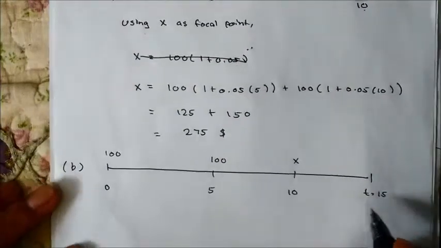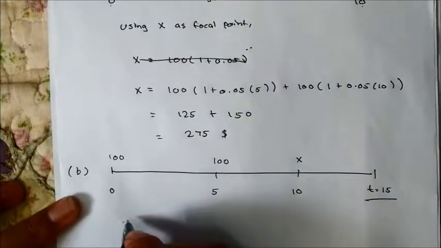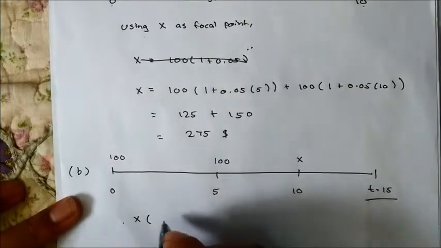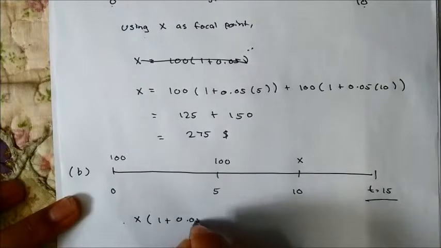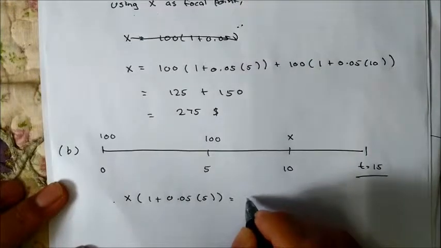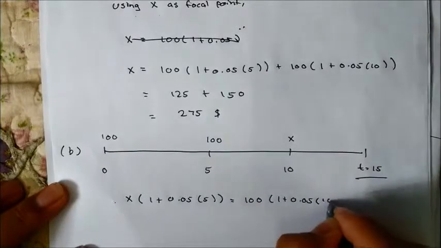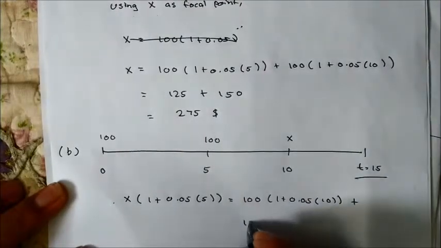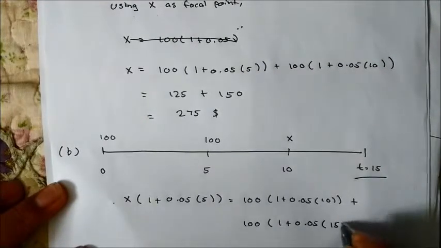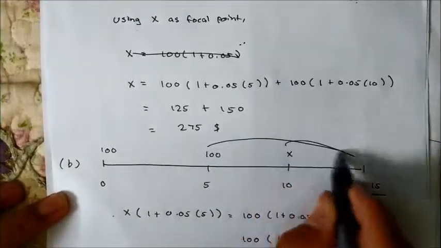Since the question asks to use the focal point at T15, our equation will become x times 1 plus 0.05 times 5, which is equivalent to 100, 1 plus 0.05 times 10 plus 100, 1 plus 0.05 times 15. This is because we are using the same concept, which is moving the timeline forward.